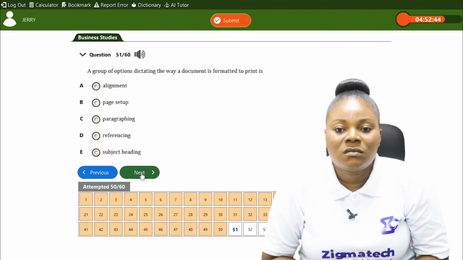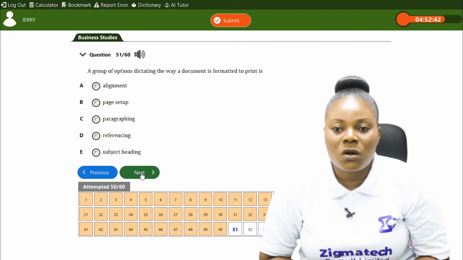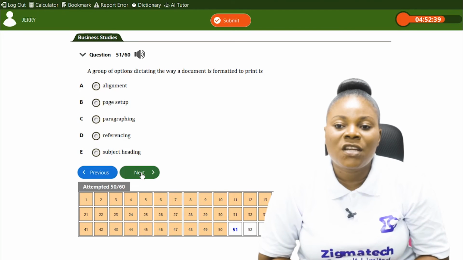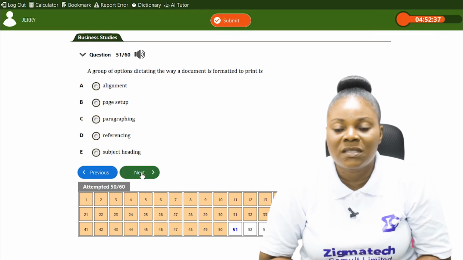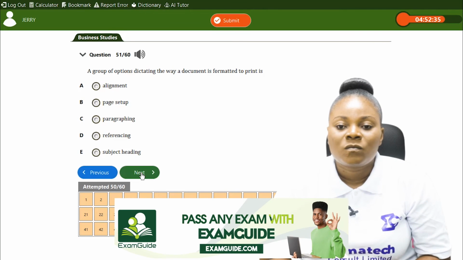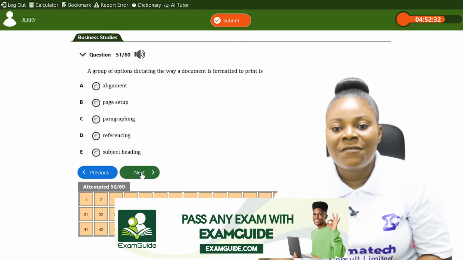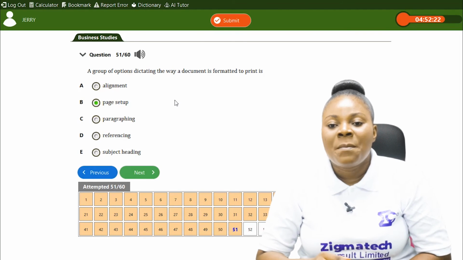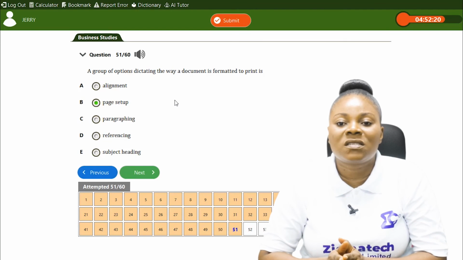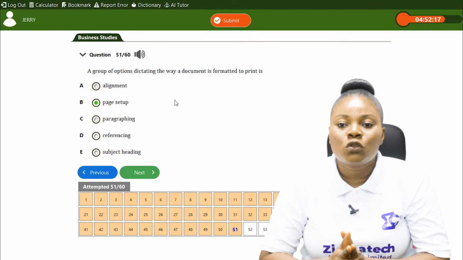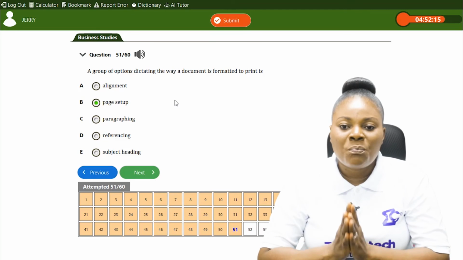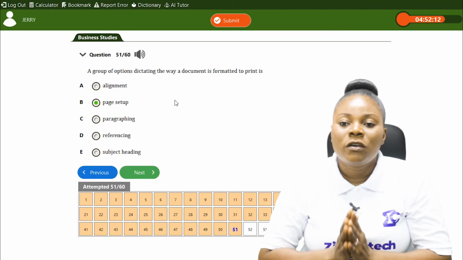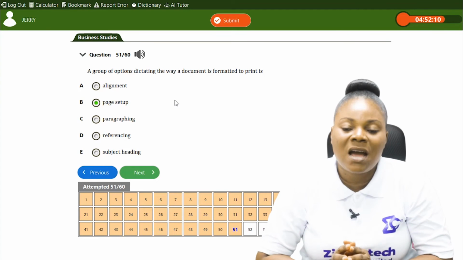The next question, it says, a group of options dictating the way a document is formatted to print is it alignment, or page setup, or paragraphing, or referencing, or subject heading? The correct answer is page setup. What do you mean by page setup? Page setup, there are the different options which you use to prepare your page, before you finally print it out from the computer system.